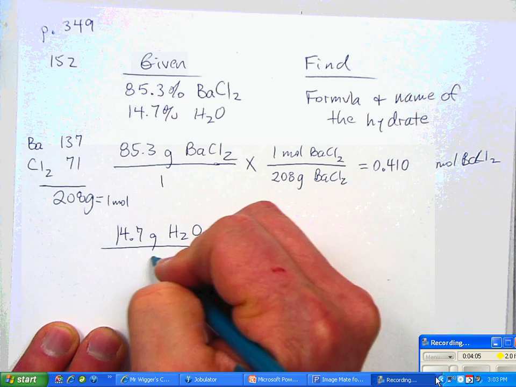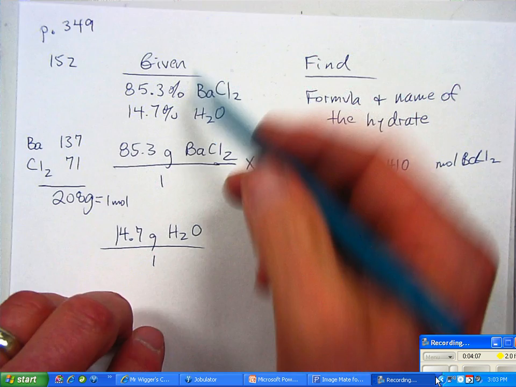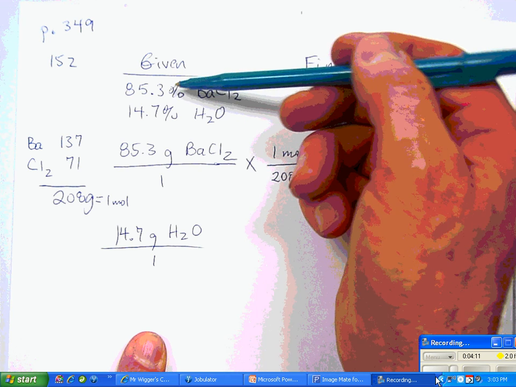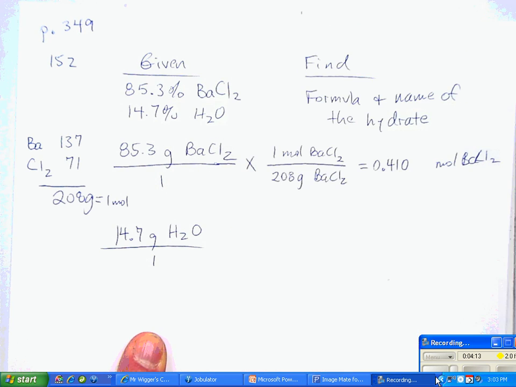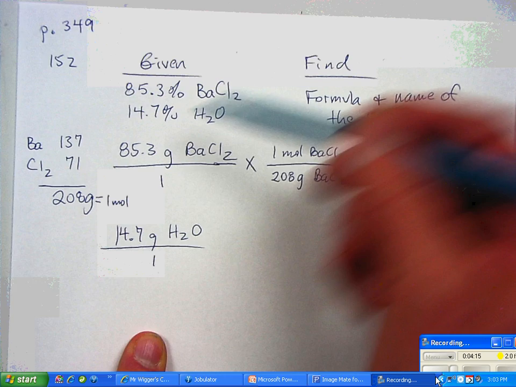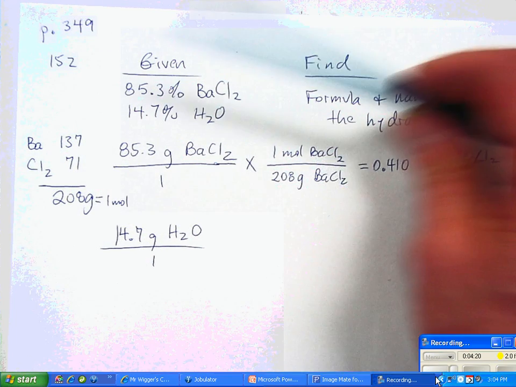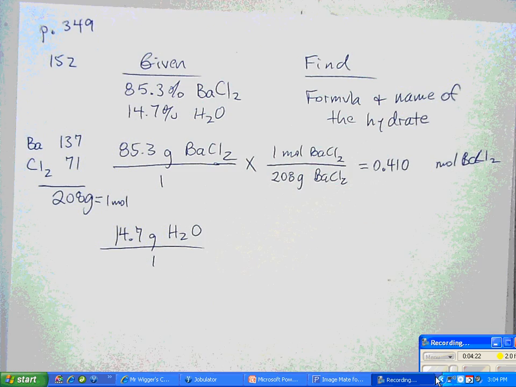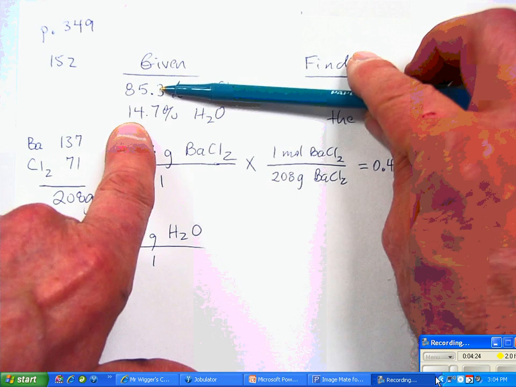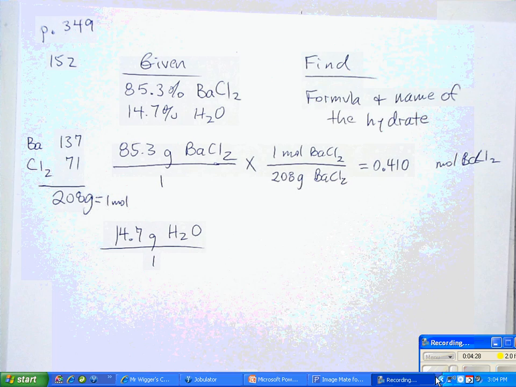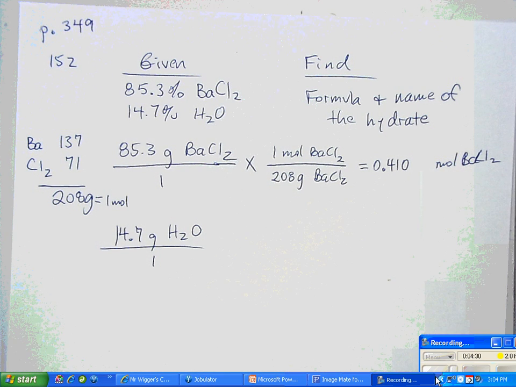And this is not far-fetched, because if we had actual weights, our ratio would be this ratio. If I had 200 grams, these would both be double, right? But the ratio is always going to be the same, because that's what we'll come up with in the lab.